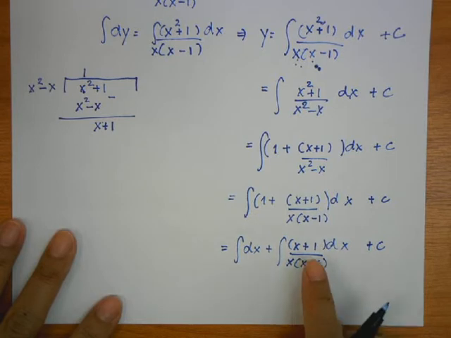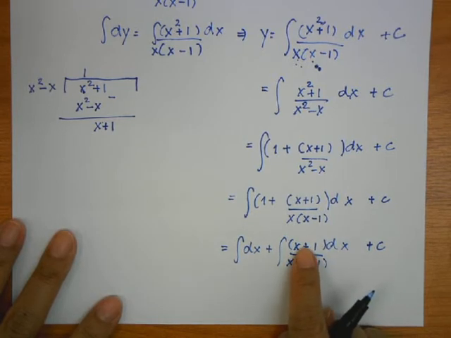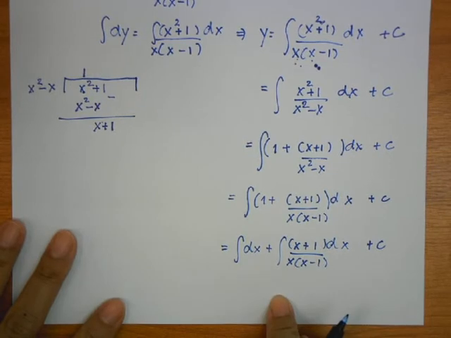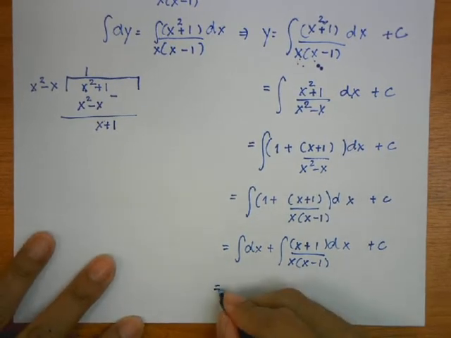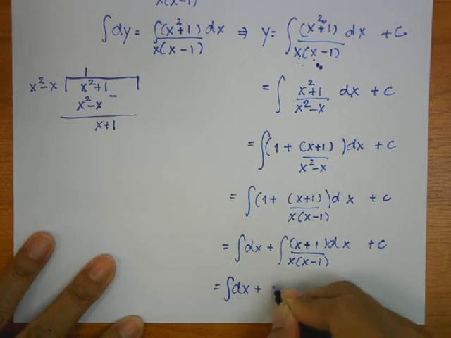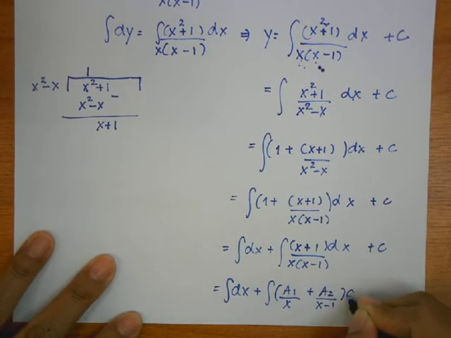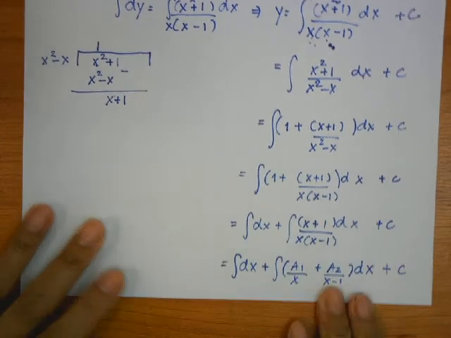But the thing is that now, the power of the one on the top is already less than the power of x in the denominator. So now you can use the partial fraction technique to find a1 and a2.